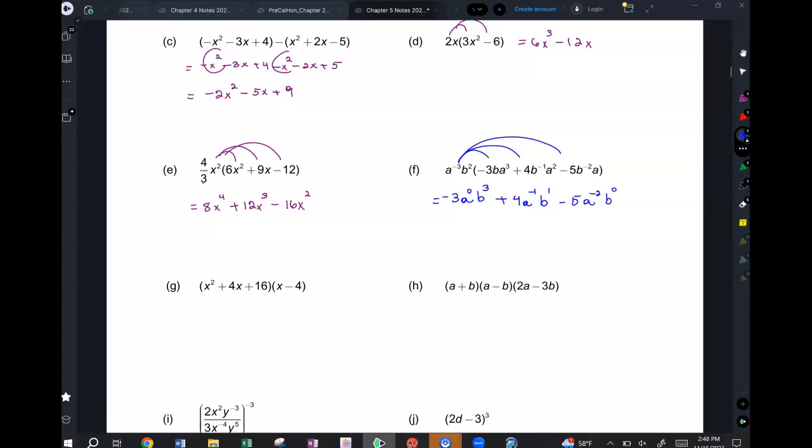B to the 0. Now, okay, here I have negative 3b cubed plus, okay, who does this negative exponent belong to? Just the a, right? So this will be plus 4b over a. Only the a moves down. Hang on, let me finish this, please.